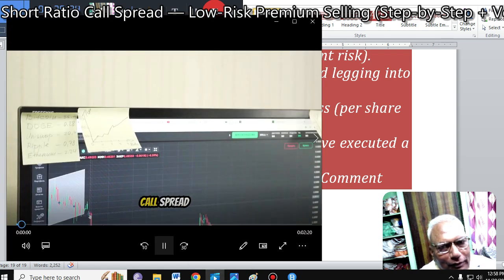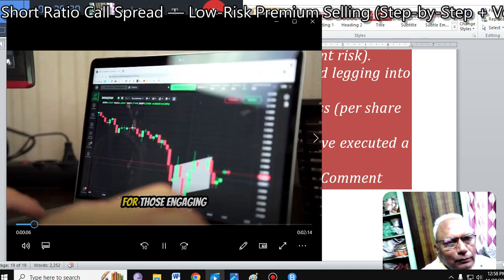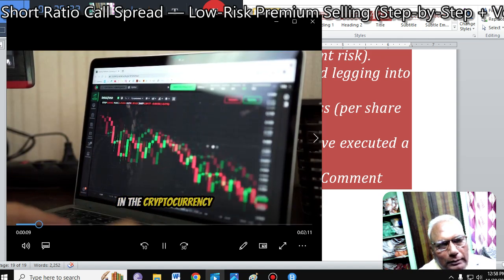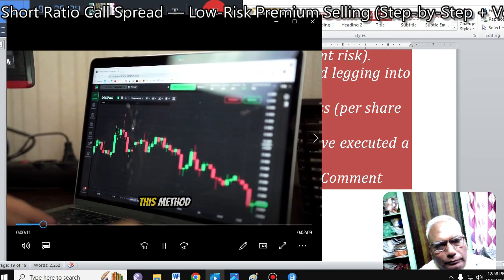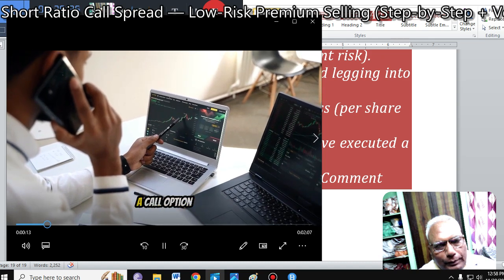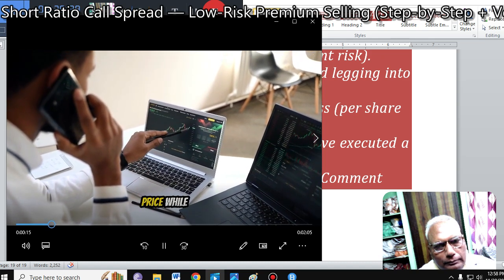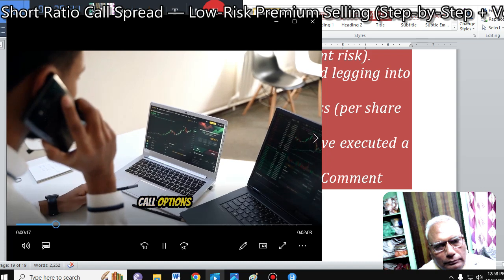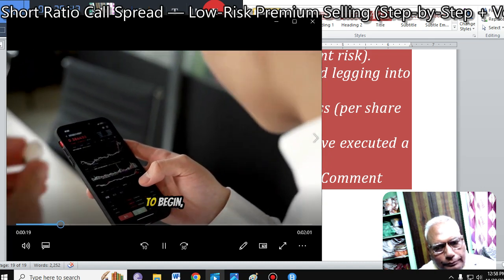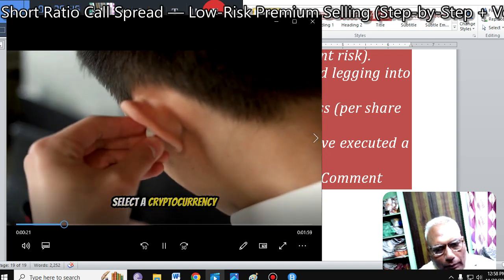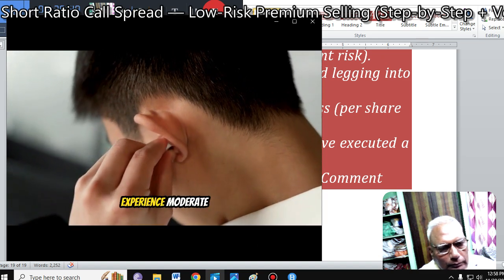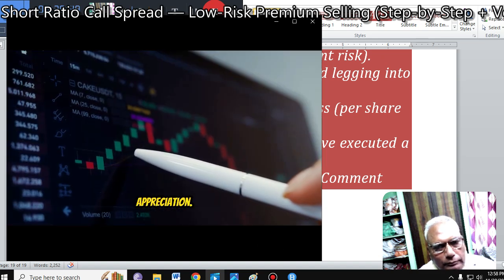The short ratio call spread strategy is a specialized approach in options trading, particularly relevant for those engaging in the cryptocurrency market in the USA. This method involves selling a call option at a lower strike price while buying additional call options at a higher strike price. To begin, select a cryptocurrency you believe will experience moderate price appreciation.